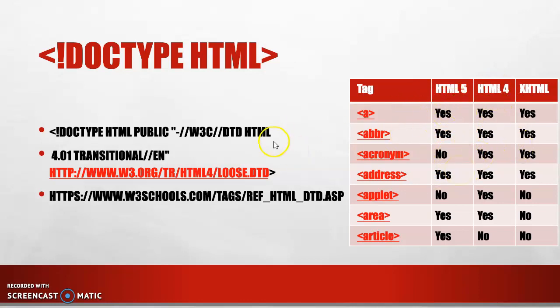So there are still HTML4 pages out there. Some of them are probably running things like the applet or the acronym tag, which aren't supported by HTML5. And so conversion is hard. I've worked at companies that would pay Microsoft to continue to support older versions of operating systems.